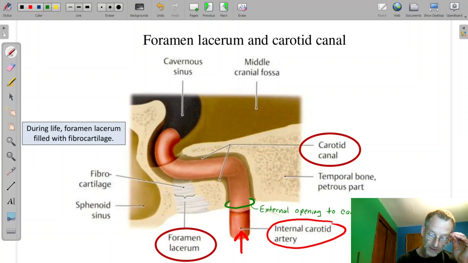And then we go into the carotid canal, which is shown here. And that's what I was drawing in the other illustration.